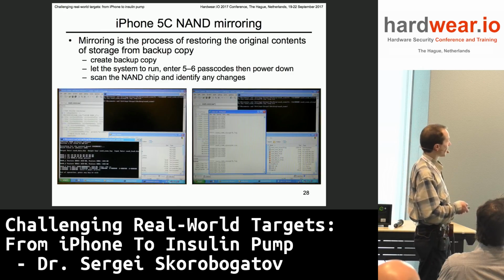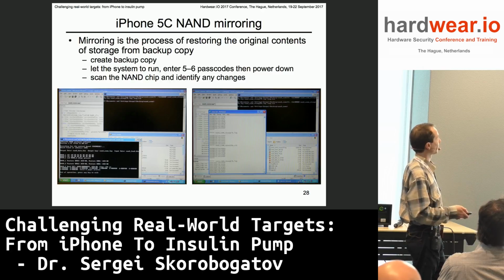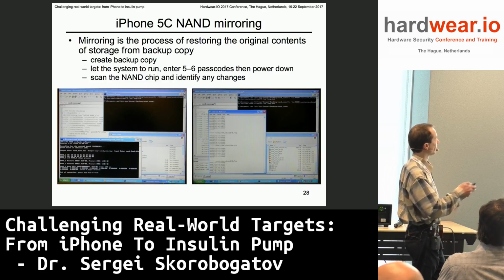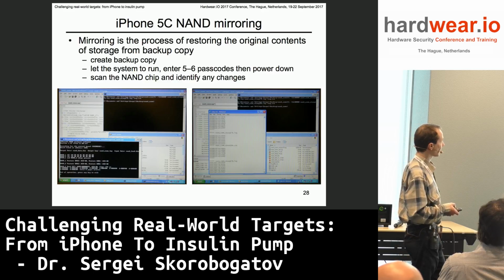And then I wrote simple software that copied the NAND flash and then compared the two copies to see any changes during the iPhone operation, and then restored the contents of the original NAND flash.